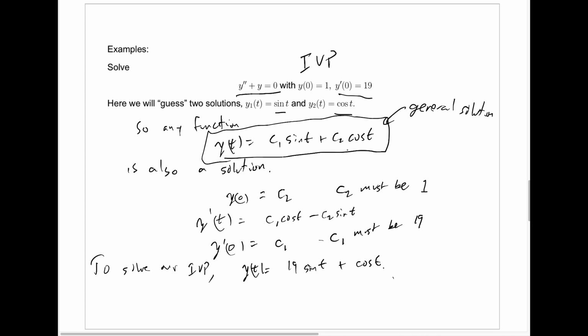The reason we can say that is from our general existence and uniqueness theorem. If you give me any initial condition, say y of 0 equals y naught and y prime of 0 equals y naught prime, I claim you can easily solve uniquely for c1 and c2 that makes that true.